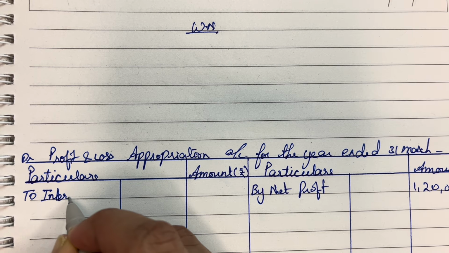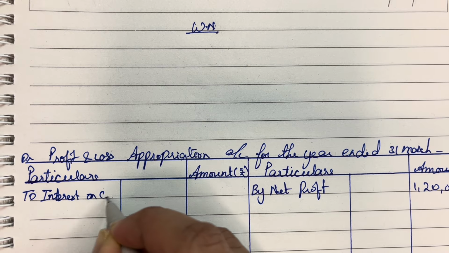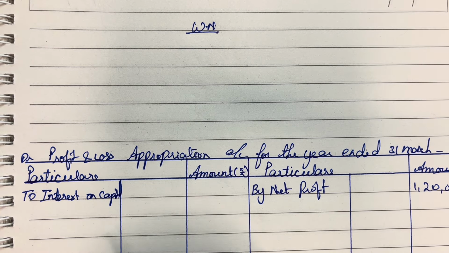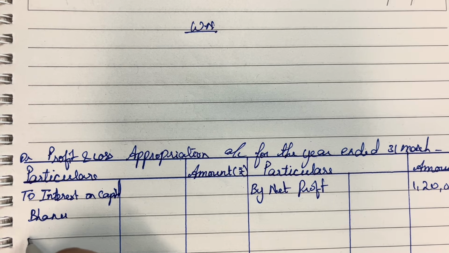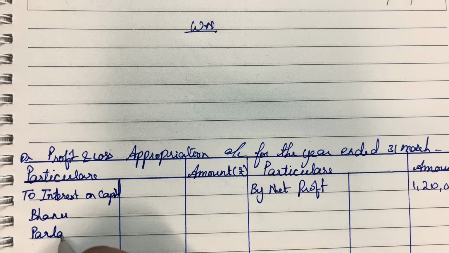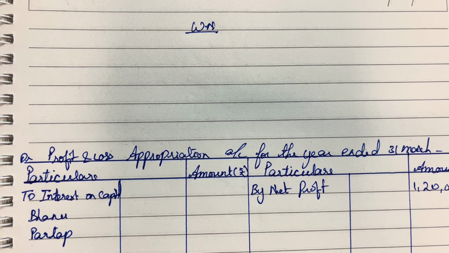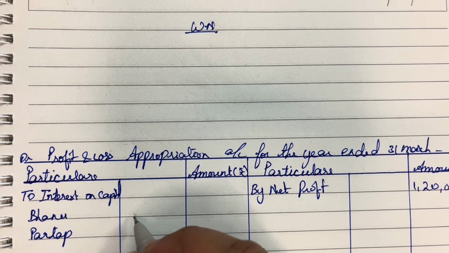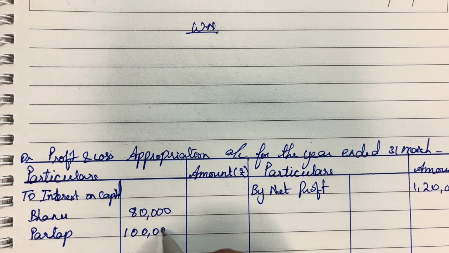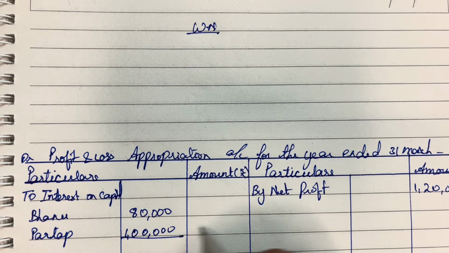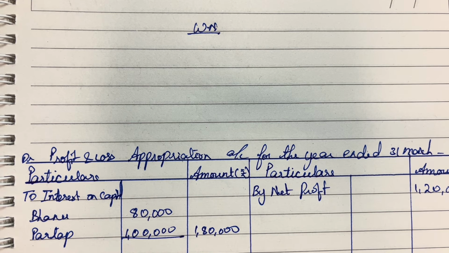To interest on capital, the partners' names are Bhanu and Pratap. Bhanu had invested a capital of 8 lakhs, so his interest would be rupees 80,000, and Pratap had invested a capital of rupees 10 lakhs, so his interest would be 1 lakh. So the total interest on capital is 1,80,000 of both the partners.